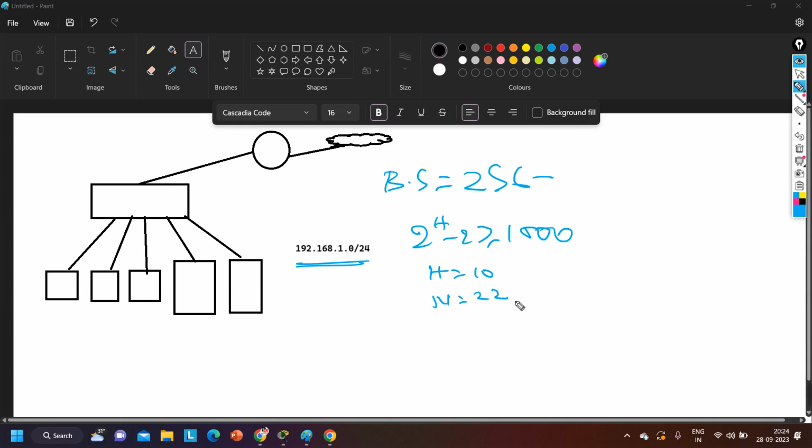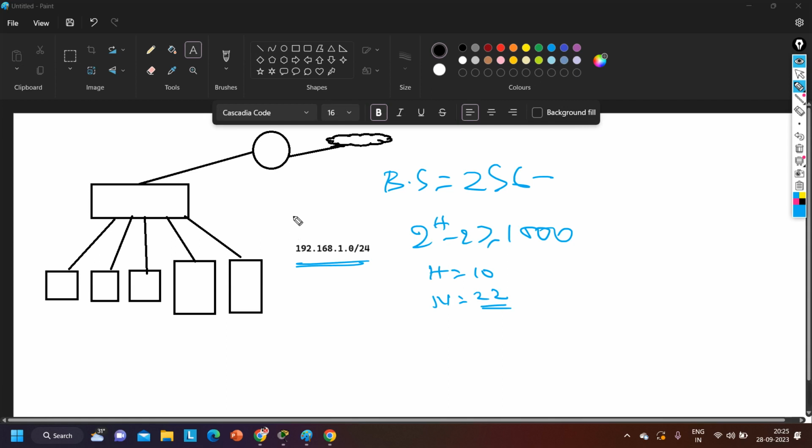Yes, subnetting is done. You can use any subnet with slash 22. Can you use an IP address from class C? No, because for class C we have already reserved 24 bits for the network. If we use 2 raised to 10, we are getting around 1,000 or more hosts, right? You cannot reduce it to the exact number.